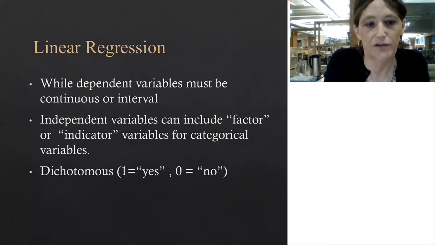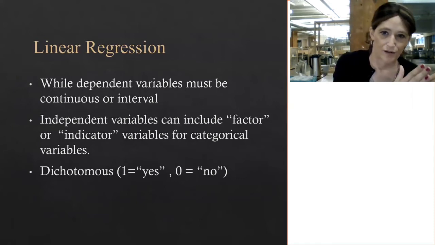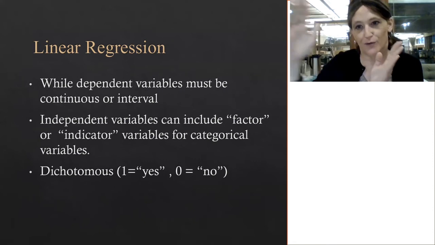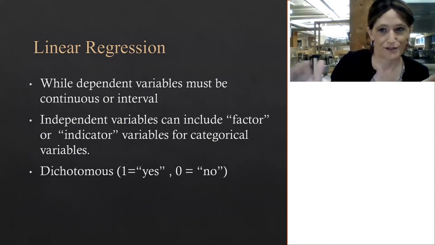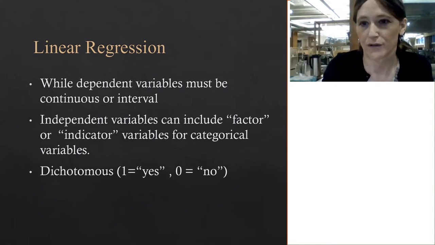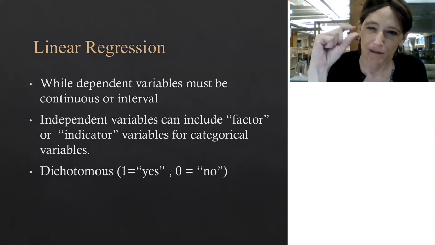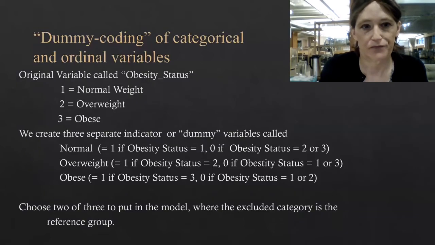You have to be really careful of what your units are. Sometimes the coefficients will be larger for dichotomous variables simply because you've moved all the way from 0 to 1, and those are the only two possible values. Whereas with something like height in inches, you're talking about a very small change, okay?